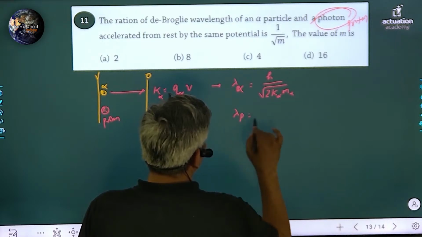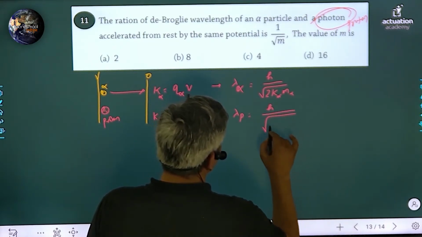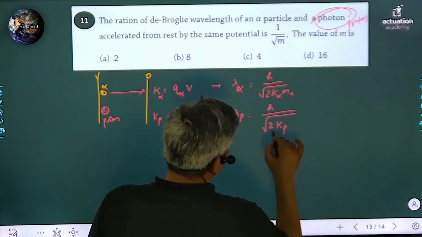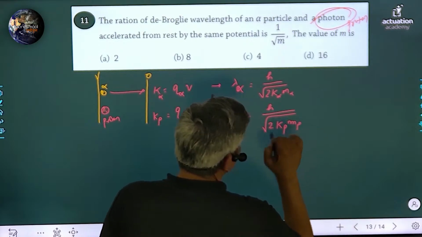Similarly, lambda of p is h over under the root 2 times kinetic energy of proton into mass of proton.